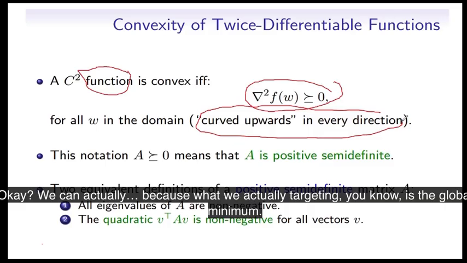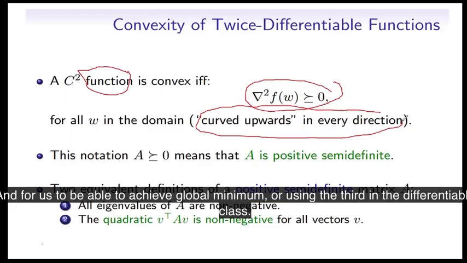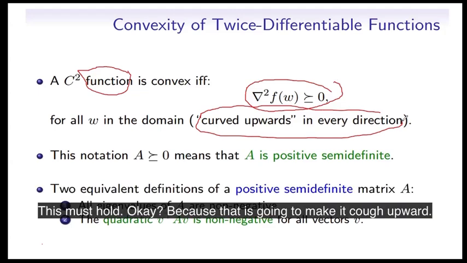Because what we are targeting is the global minimum. And for us to be able to achieve global minimum using the second differentiable class, this must hold, because that is going to make it curve upward.